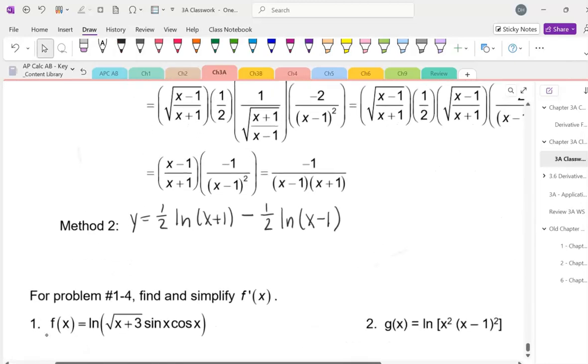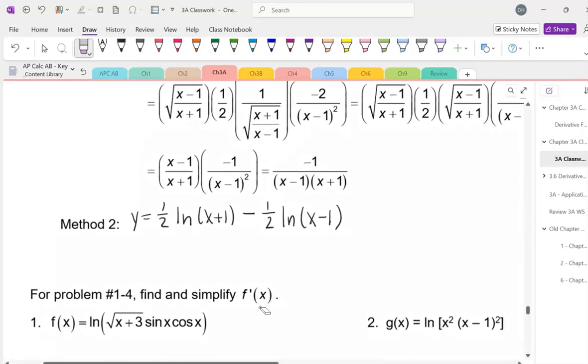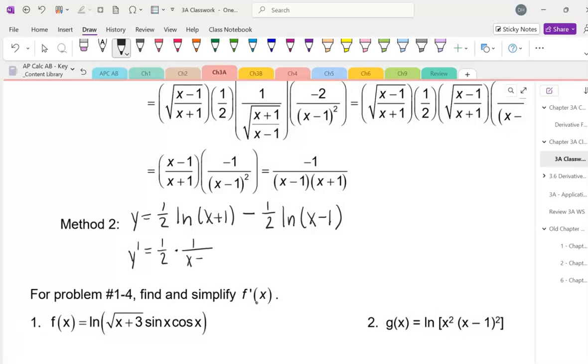From here, now we can actually take a derivative. So our derivative is going to be drop down the constant, 1/2 times 1 over rewrite, multiplied by the derivative of what's inside. The inside part would be times 1, drop down the constant, times 1 over rewrite, times the derivative of this.